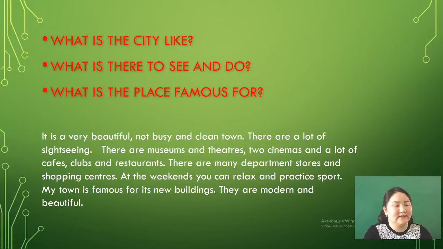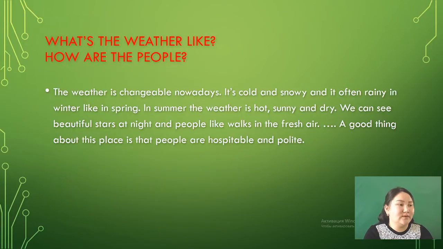They are modern and beautiful. And also you can add the names of the places, like the new theater named after Bikir Rimova, for example, in Talkurgan, and so on.